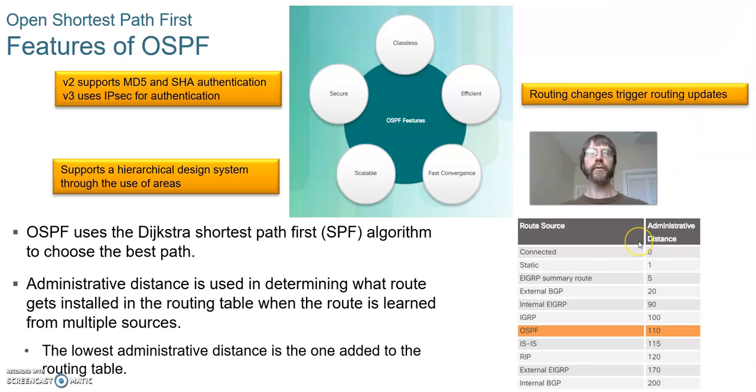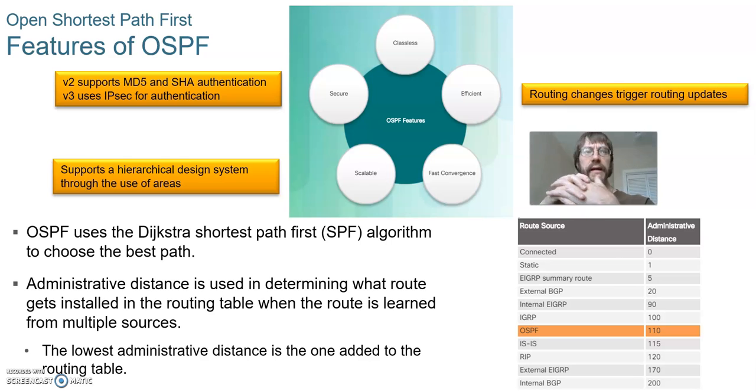So OSPF is an efficient, scalable, secure, classless, quickly converging protocol. If there's a topology change, that triggers an update to the topology table, the map of the network, as it were, the SPF tree, the whole nine yards.